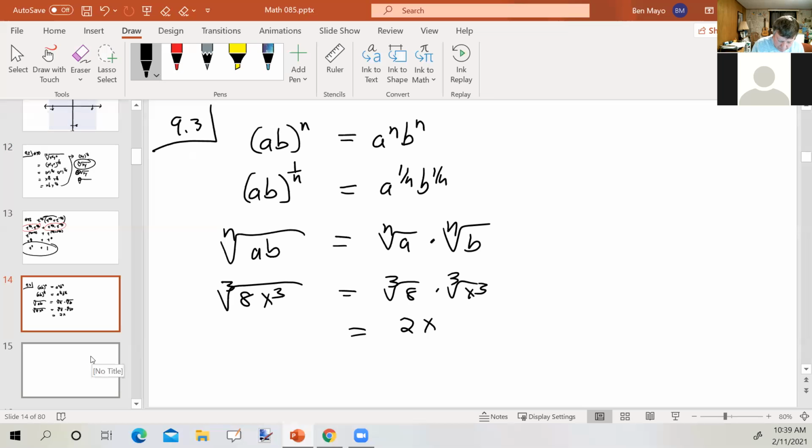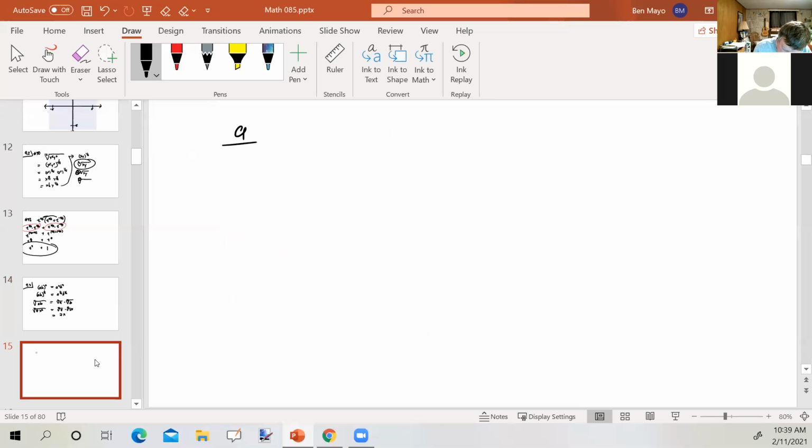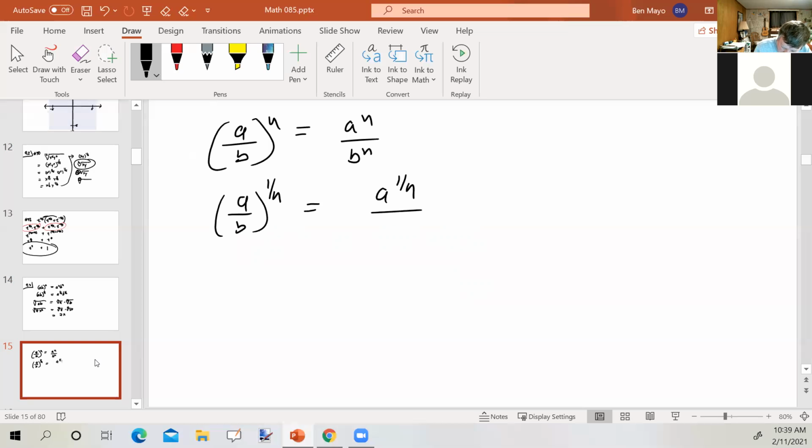There's a second rule that says if you have a quotient raised to a power, you can attach that power to both the numerator and denominator of the quotient. So we could also write that like this and say, what if the exponent was 1 over n? Then we'd get that.